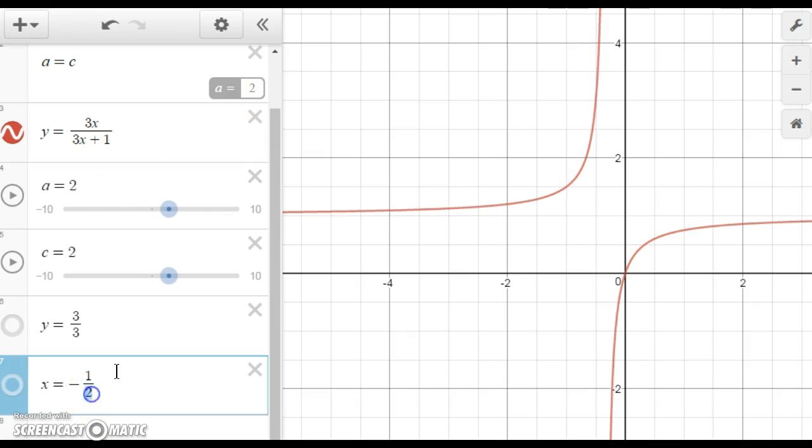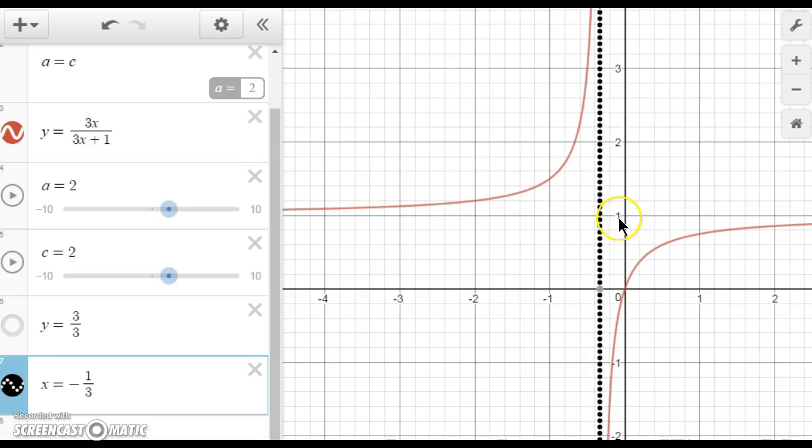If I solve, my vertical asymptote will be at negative 1 over 3. So my vertical asymptote is here, and let's see if my horizontal asymptote is right, hopefully it is.